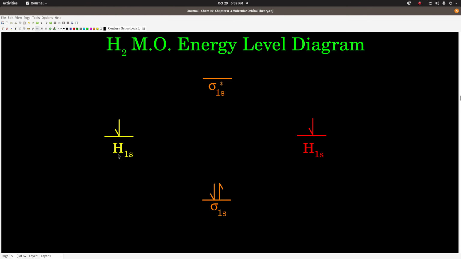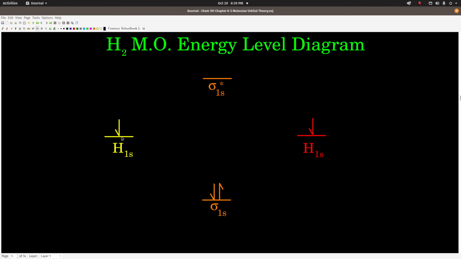A neutral hydrogen atom has one electron and it's in a 1s orbital. So if we take the 1s orbital from this atom and the 1s orbital from this atom and combine them, we get constructive interference, a bonding sigma 1s orbital, and we get a sigma 1s anti-bonding molecular orbital.